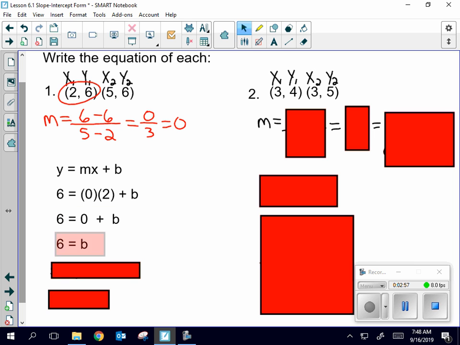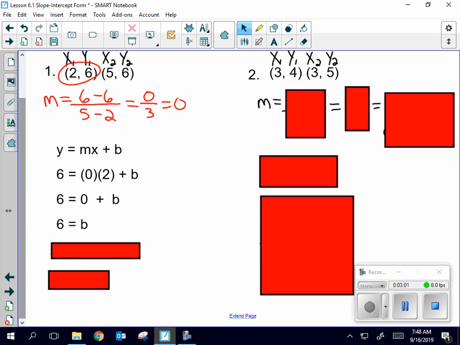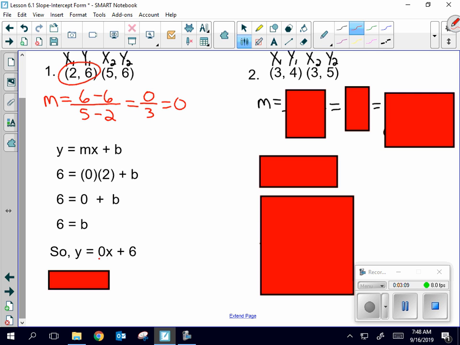Well, I get b is 6. Then I go back and plug in my m and my b into my original equation. So notice 0 is the slope, so really that term goes away. So I end up with y=6. Okay, that's how that works.